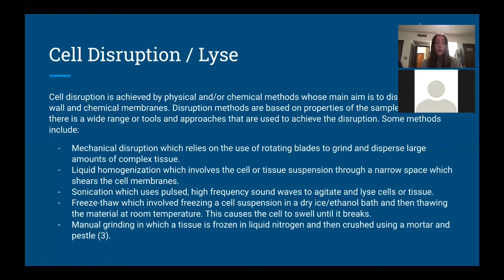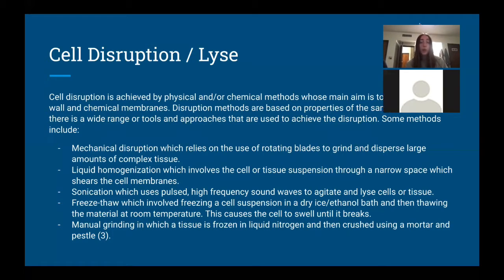Some methods include mechanical disruption, which relies on the use of rotating blades to grind and disperse large amounts of complex tissue. Another method is liquid homogenization, which involves passing the cellular tissue suspension through a narrow space, which shears the cell membranes. Another method is sonication, which uses pulses of high-frequency sound waves to agitate and lyse cells or tissues.